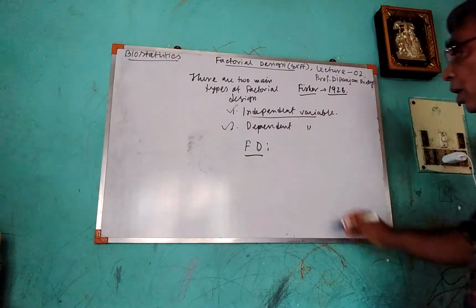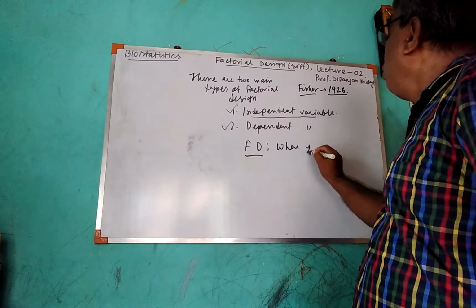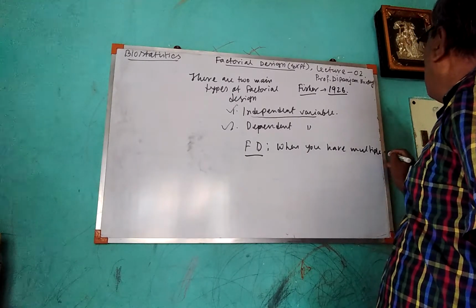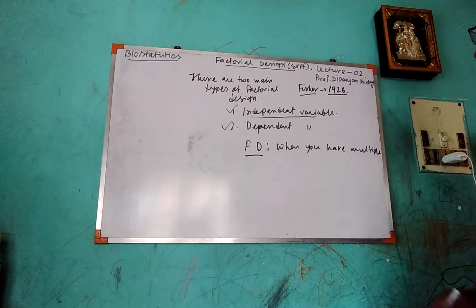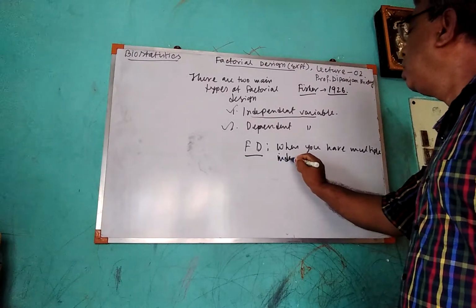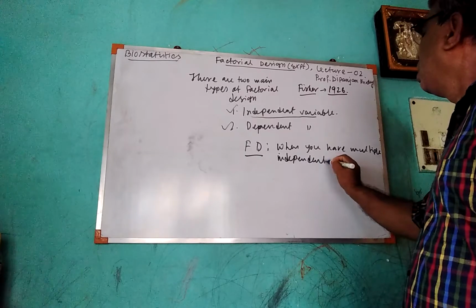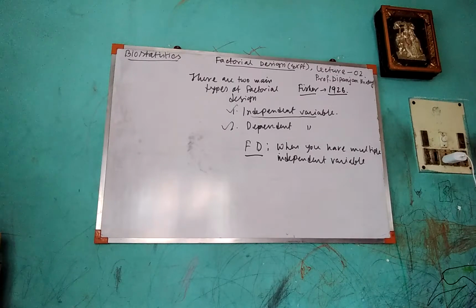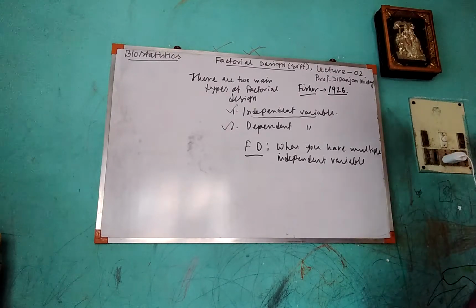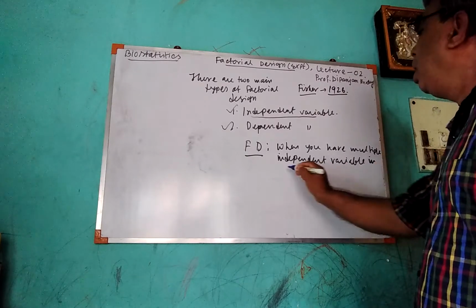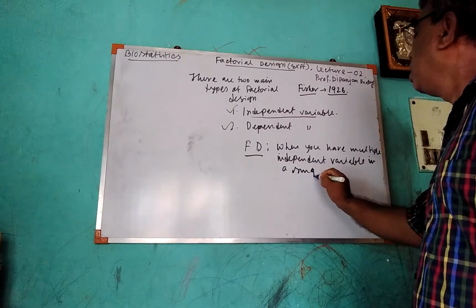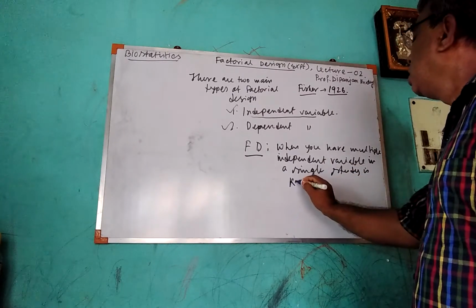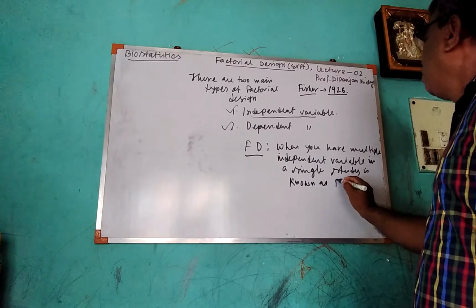When you have multiple independent variables in a single study, it is known as factorial design.